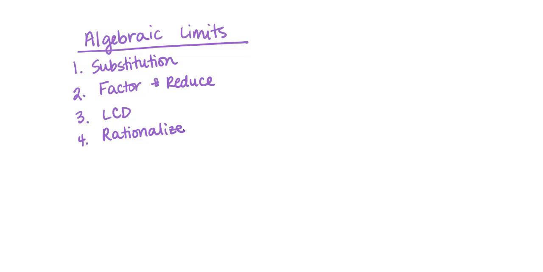If you are taking a Calc 1 course, you're pretty much going to stay within this wheelhouse for your algebraic techniques to evaluate the limit. There are other algebraic techniques for sure, but for the most part, Calc 1 is going to stay within these four. Once you rationalize, then you can typically substitute.